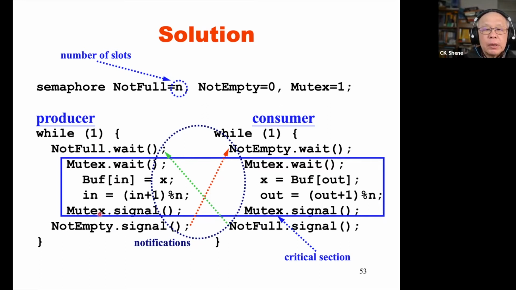After n processes finish this, the value of the counter of the semaphore is reduced to 0. Now, if the initial value of not full is n plus 1, you actually allow the n plus 1 thread to go. This n plus 1 thread would override the first deposited information.